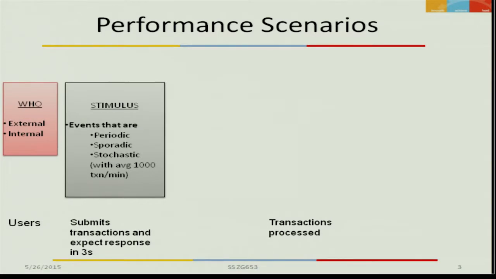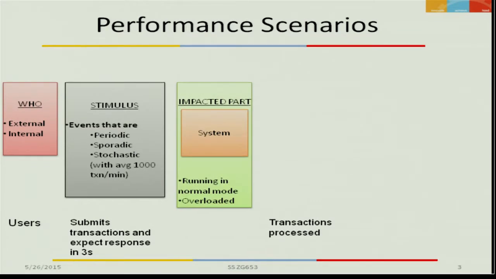The stimuli are nothing but events, which could be periodic, sporadic, or stochastic. One example is that a user submits transactions and expects a response in 3 seconds. That could be an example of a stimulus.